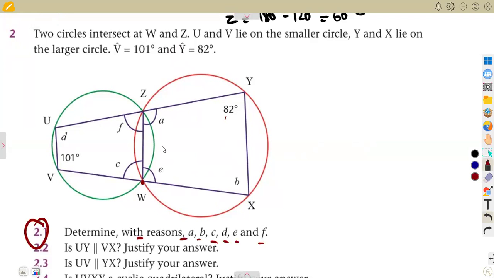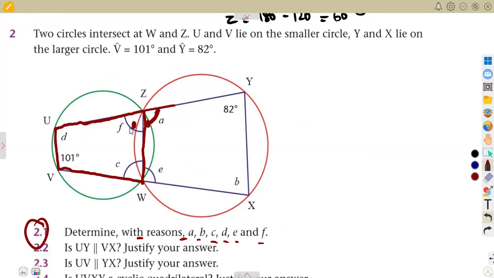All right. So let's see what we can start with in this case. So A. Remember, if you check from U to V to W to Z, then back here, we can see that this is a cyclic quadrilateral. Four points are on the circumference of a circle. And A, this one, is the exterior angle. So we know that the exterior angle of a cyclic quadrilateral is equal to the opposite interior.